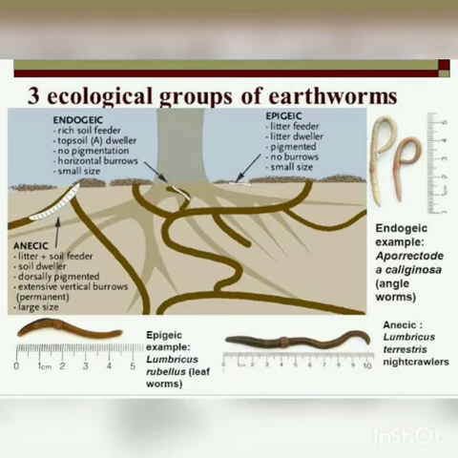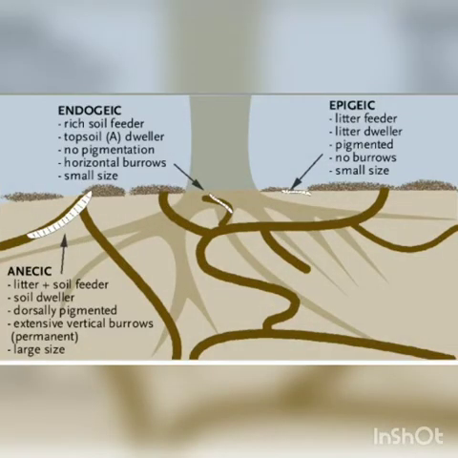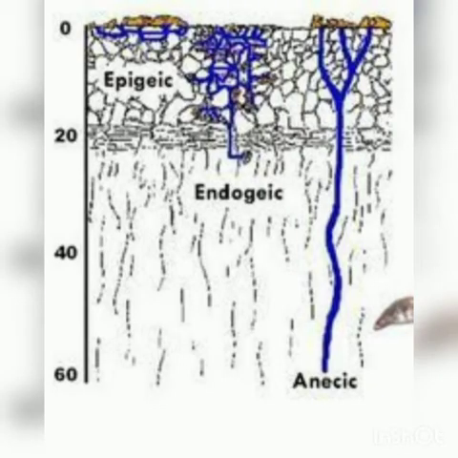You can find it from the names. Epi means outer, up. So some earthworms which live on the surface of the earth are called epigeics. Example, Perionyx excavatus.